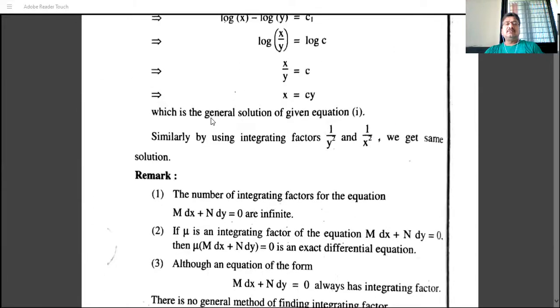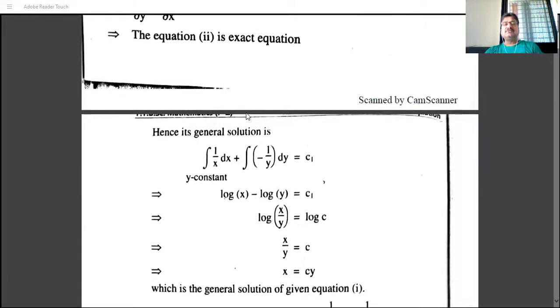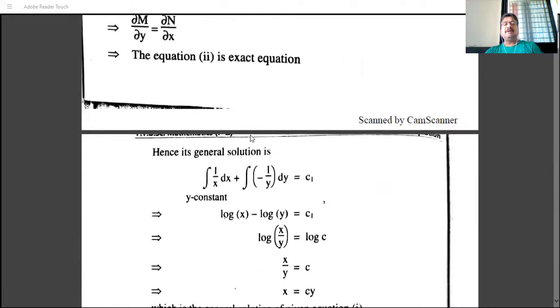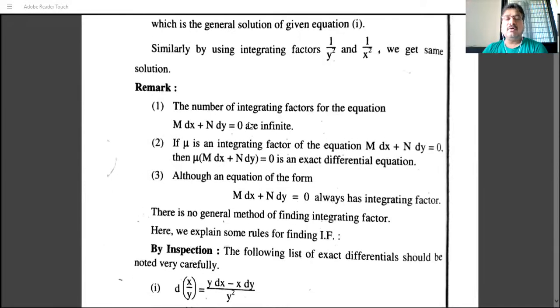So this discussion also gives the method to solve a non-exact differential equation. If the differential equation is non-exact, we can solve this equation by using this method.